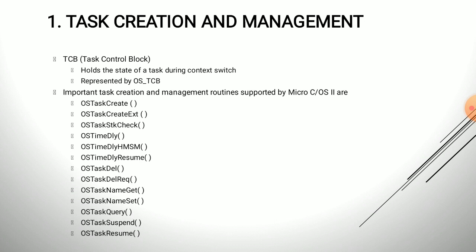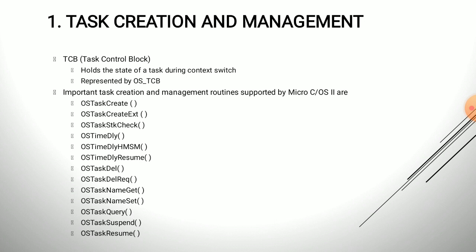Calling this routine places the task in dormant state. So once a process is deleted, the process goes to dormant state. The task can be recreated later if needed by calling OS task create or OS task create ext functions. Then next function is OS task del req, that is OS task delete request function.